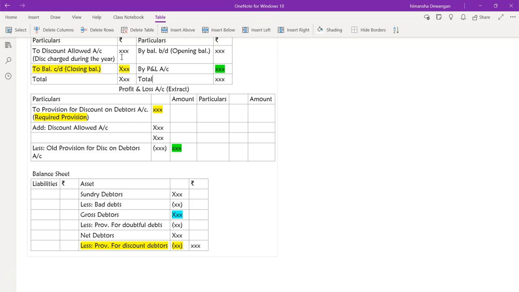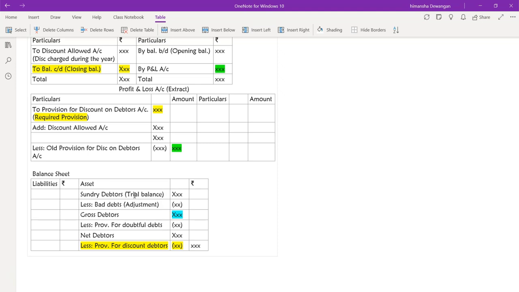Right, Richa? So therefore, we are going to record sundry debtors, the value appearing as per trial balance. This amount will come from the trial balance. If any further bad debts are given in adjustment, then you will reduce them. Then you will get your gross debtors.